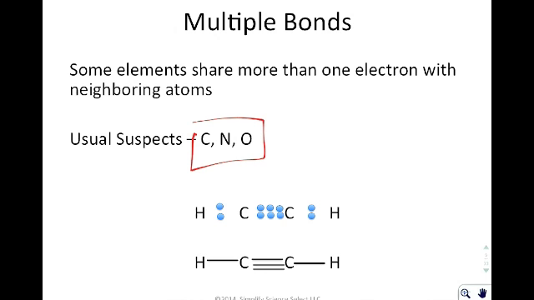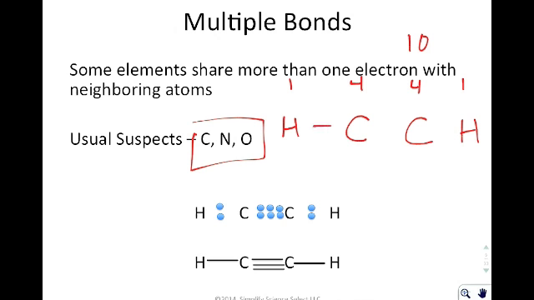An example of this is if you were to look at two carbons and two hydrogens. The carbons both have 4 valence electrons. Each hydrogen has 1 valence electron. So there's a total of 10 valence electrons. For this to be a molecule, all of these atoms have to be connected together.